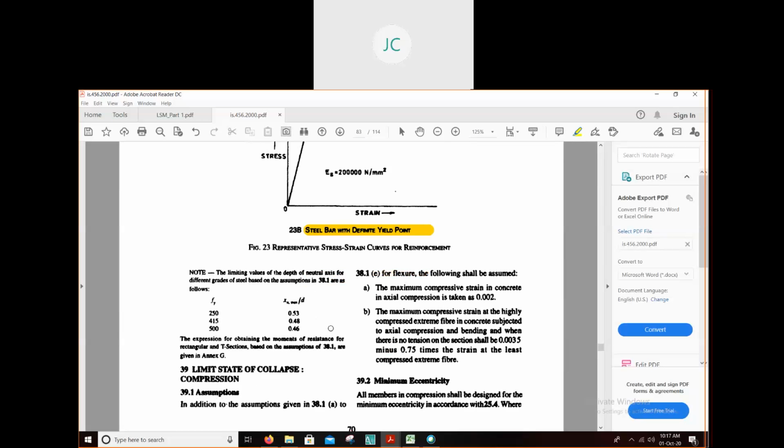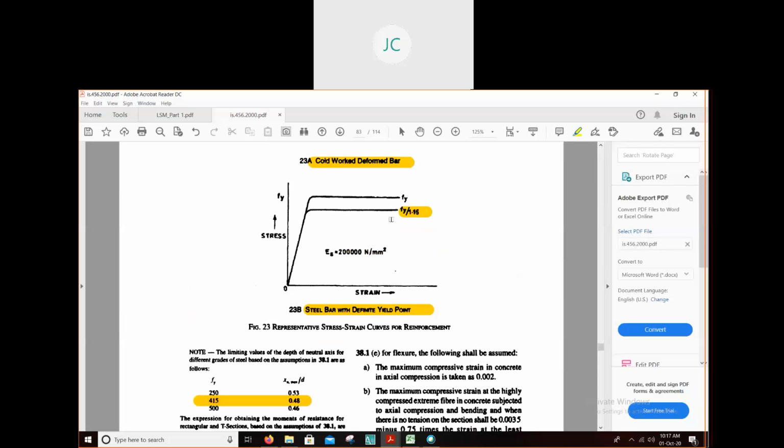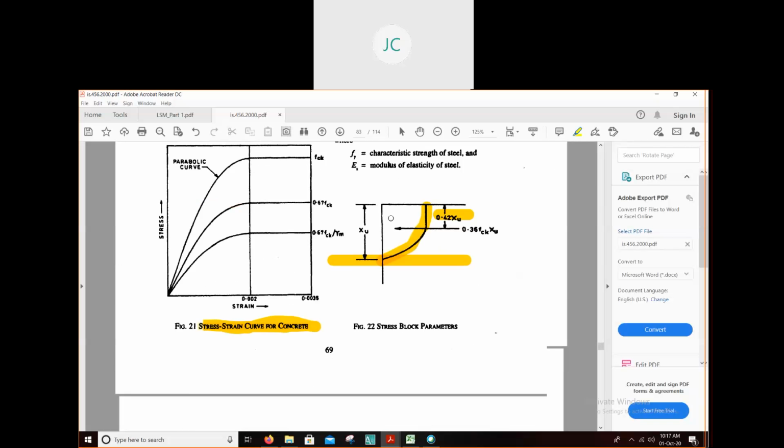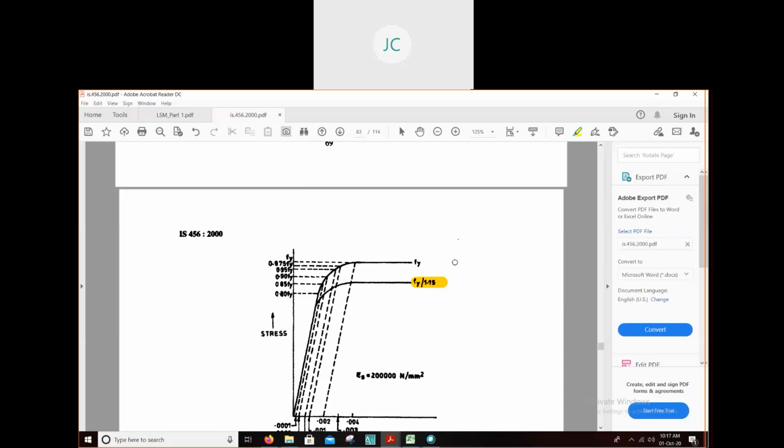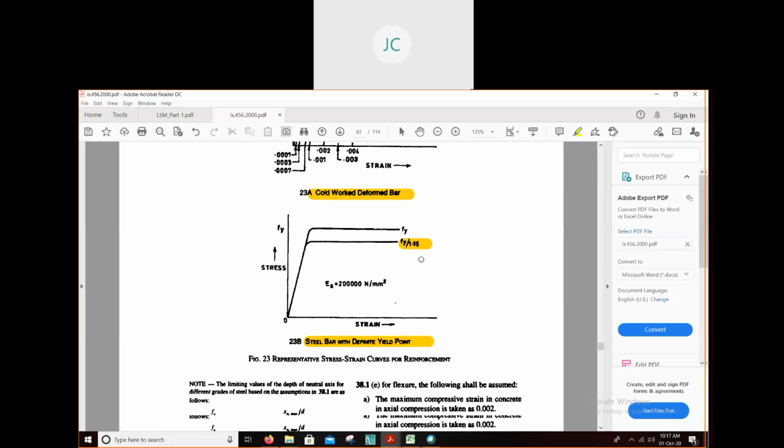Again here also you have to refer to the clause, because this value you are getting from IS 456, and the clause number is 38.1.